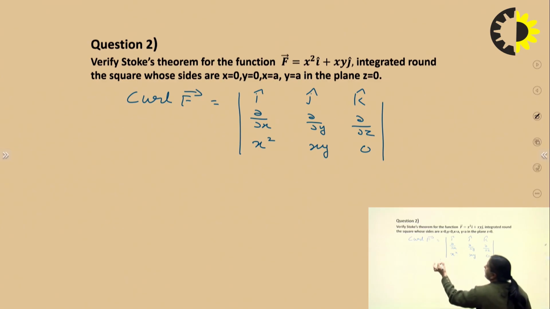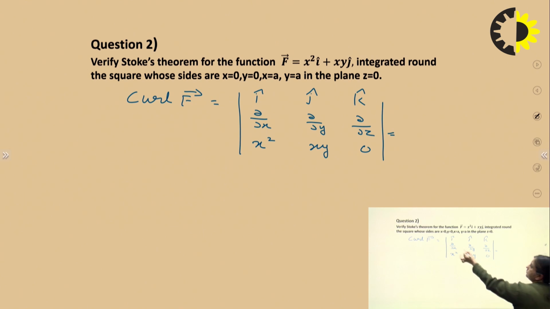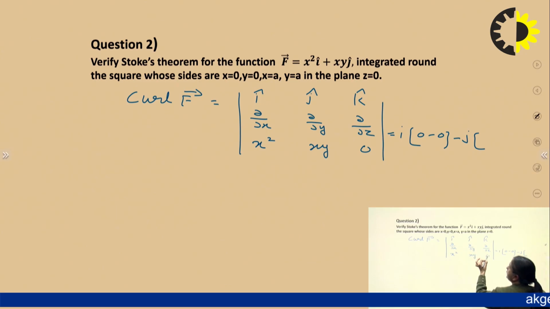So curl of f vector becomes i cap times 0 minus 0, because the derivative of xy with respect to z will be 0, minus j cap times, the derivative of 0 will be 0 and the derivative of x square with respect to z will be 0.